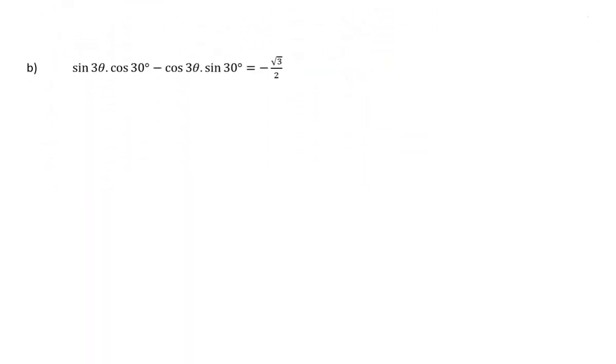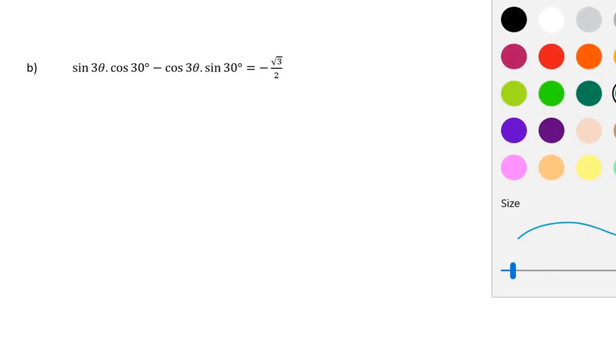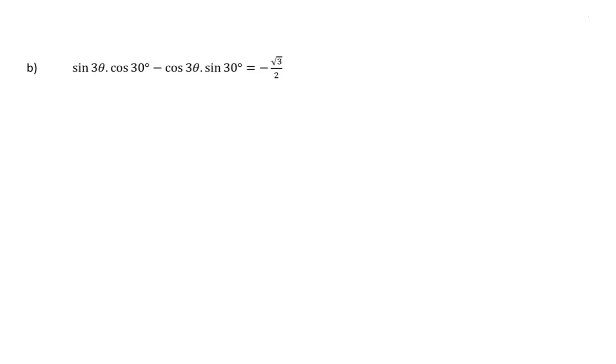Okay, and the last one, I think this will probably be something that you'd pick up quite quickly, because the moment I see this pattern of sine 3 theta times cos 30 minus cos 3 theta sine 30, I'm thinking, this looks like a compound angle. So if this is angle A and this is angle B, then this is angle A and this is angle B. So I'd just go to my formula sheet and look for that pattern: sine of A, cos of B minus cos A sine B, and this is a sine compound angle.